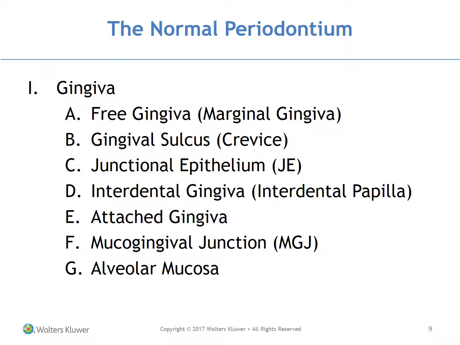So you're going to find a mucogingival junction on the maxillary facial gingiva, the mandibular lingual, and the mandibular facial. Now, if you remember this from anatomy, that's where the mucosa then begins. So you have the attached gingiva and then you have the oral mucosa, and this is just that marking along that area.